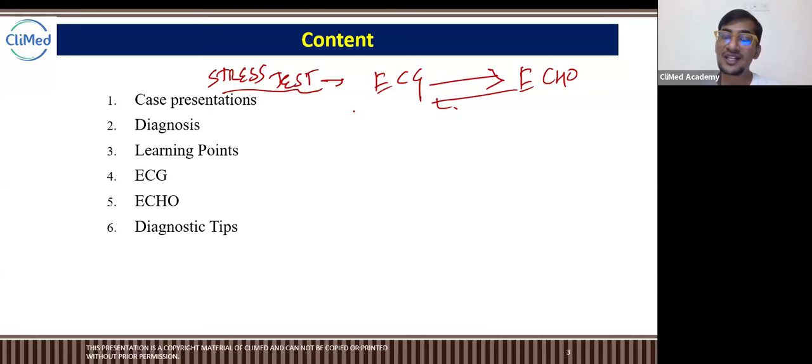If we are measuring the ECG normally, that means we are taking it in the resting phase. Focus. ECG we usually do in the resting phase.